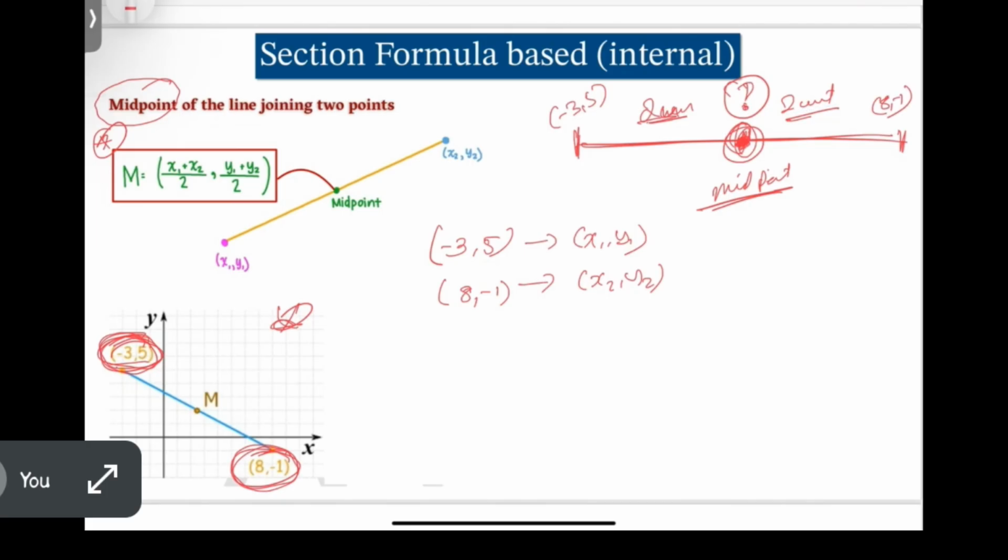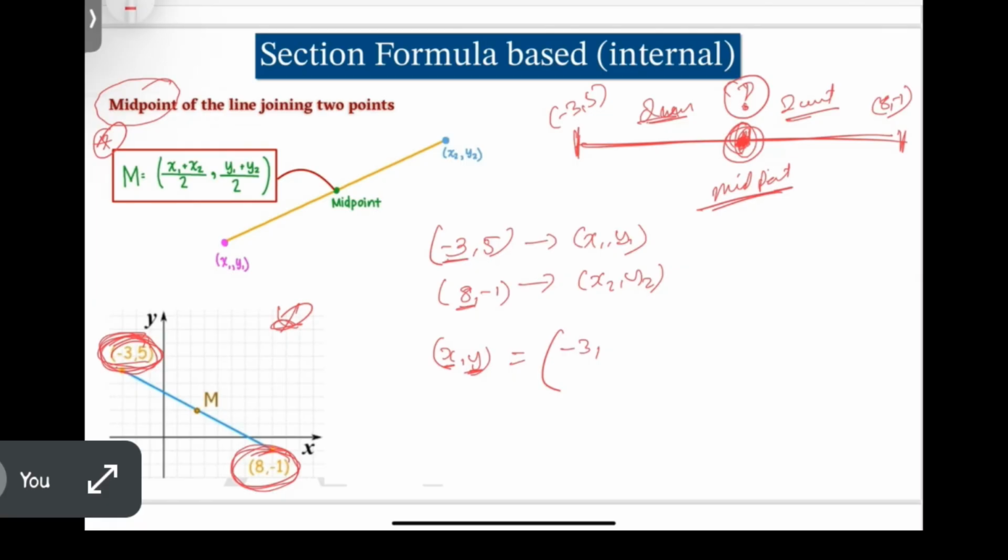So the midpoint formula is nothing but x comma y is the midpoint here. We are just simply finding the value of x and the value of y. So the formula here is x1 plus x2. X1 here is minus 3, comma, what is x2?